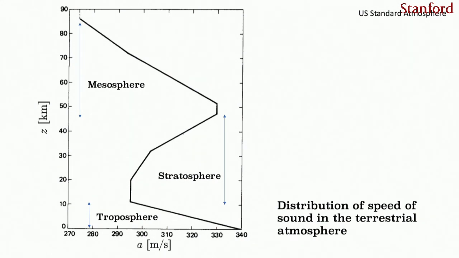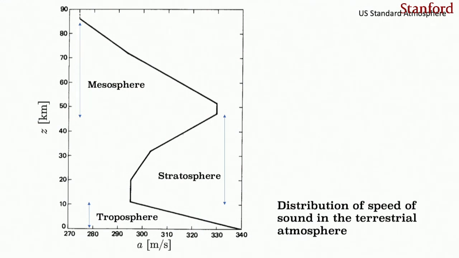So if one looks, for instance, at that figure that you have there, and takes the stratosphere, the stratosphere sees variations of the speed of sound from, let's say, almost 300 meters per second to 330 meters per second.